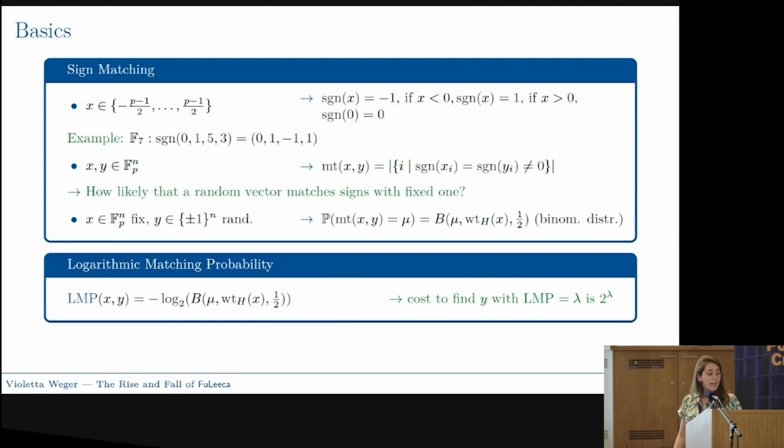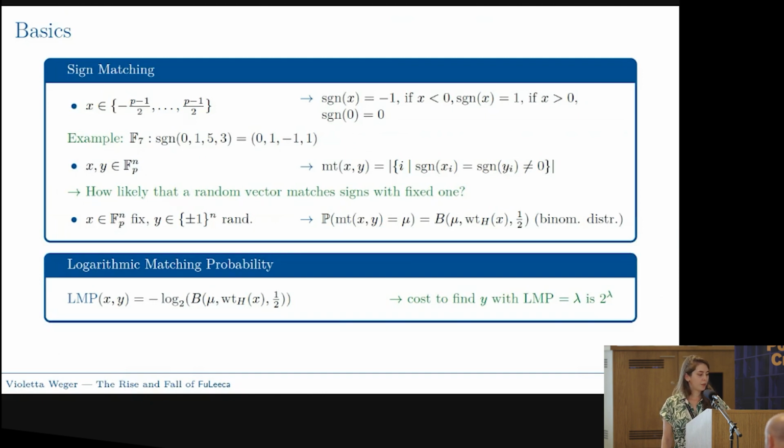If I have two vectors, we can also count how many matches we have between those two vectors, ignoring the 0 entries. And now an important question is, how likely is it that if we have a fixed vector x, and somebody picks at random a y with entries ±1, that they match at a certain number of positions? This is just given by the binomial distribution.